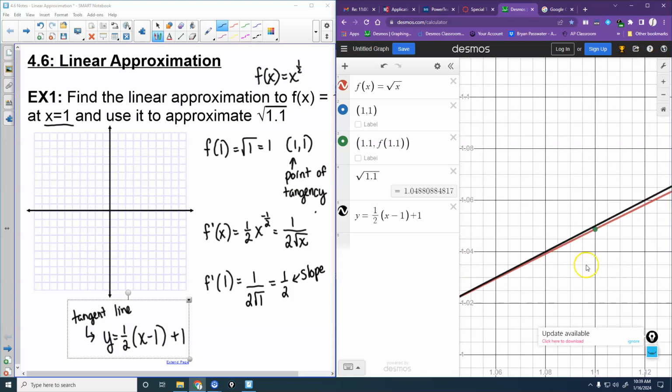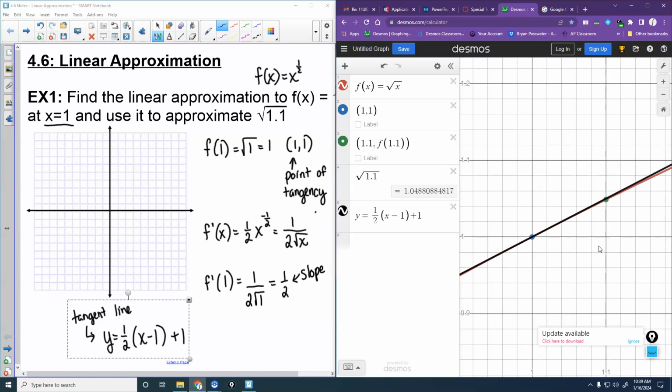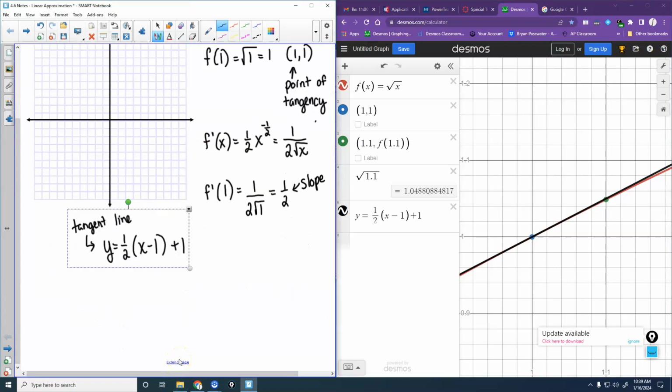So the idea with linear approximation is you can get the equation of a tangent line, and if you're using values pretty close to the point of tangency, you're going to get a pretty close approximation. The tangent line stuff we've already done, all we're really adding to it now is we are going to say f of 1.1.